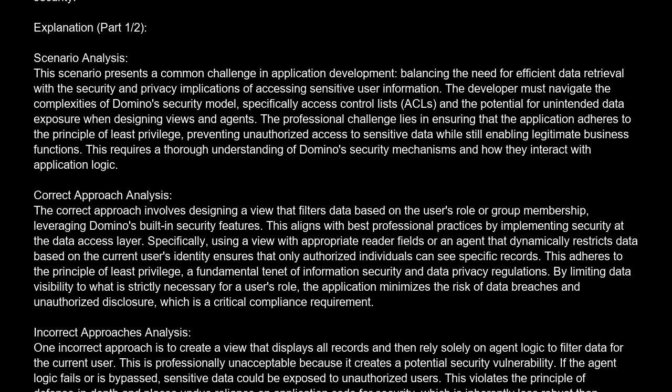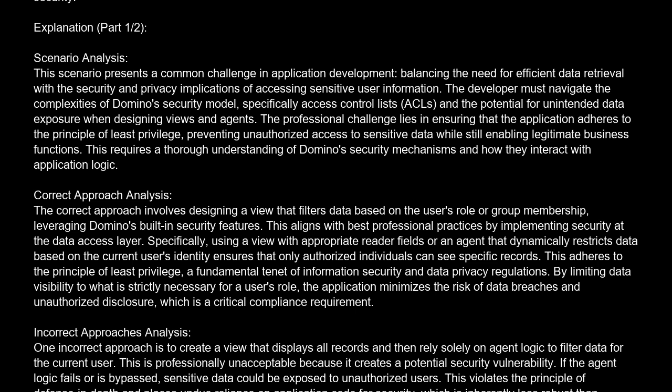This adheres to the principle of least privilege, a fundamental tenet of information security and data privacy regulations. By limiting data visibility to what is strictly necessary for a user's role, the application minimizes the risk of data breaches and unauthorized disclosure, which is a critical compliance requirement.